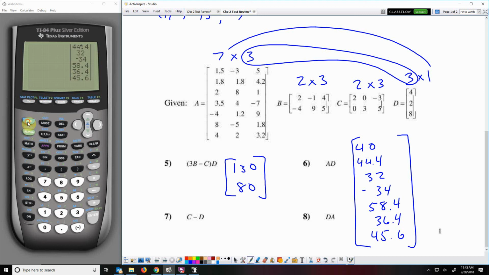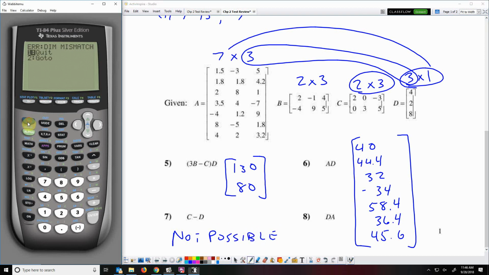Okay, then C minus D. Matrix 3 minus matrix 4. And it says dimension mismatch. That makes sense. C minus D, that can't be done because C and D have to have completely the same dimensions, and they don't, so this is not possible.